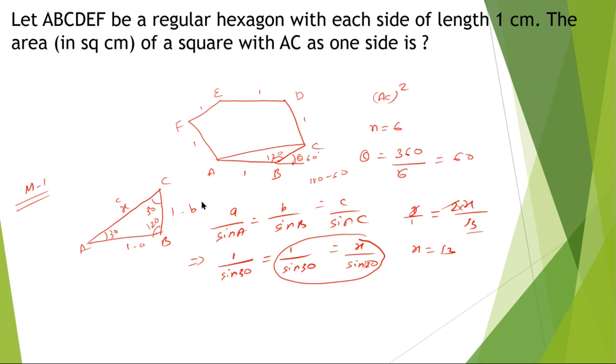And that is AC. So AC represents the side of the square whose area we need to find. So area is equal to side square, which is x square, that implies root 3 square. So the area of that square is 3 square units.